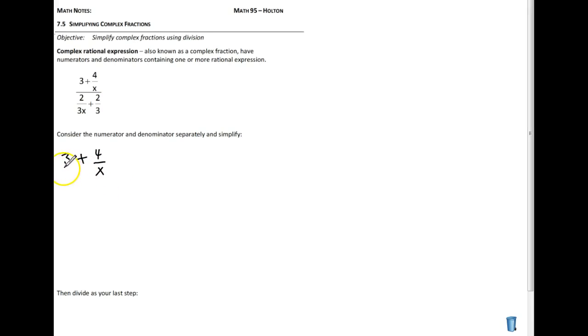So this is really 3 over 1, so I multiply both the numerator and the denominator times x here. Then what I'm really adding is 3x over x plus 4 over x, which gives me 3x plus 4 divided by x. Okay, so that's my numerator when it's all simplified.